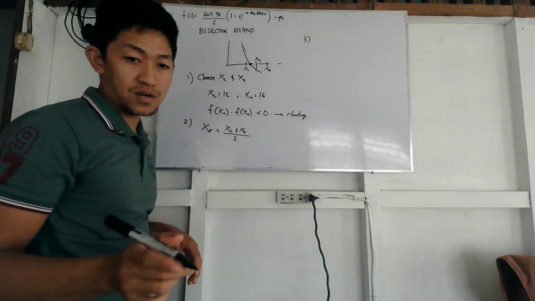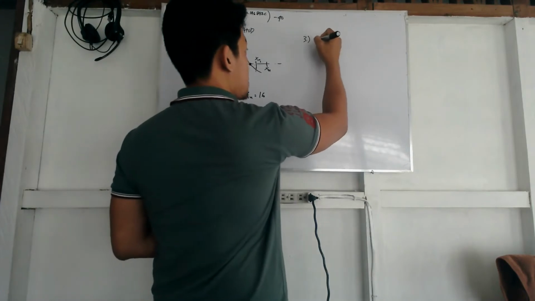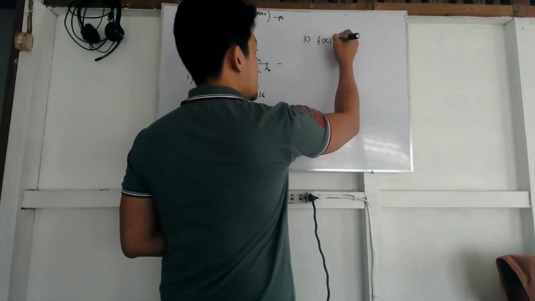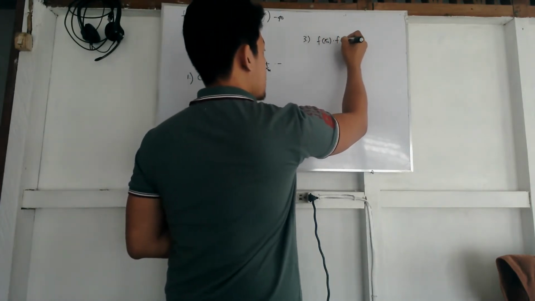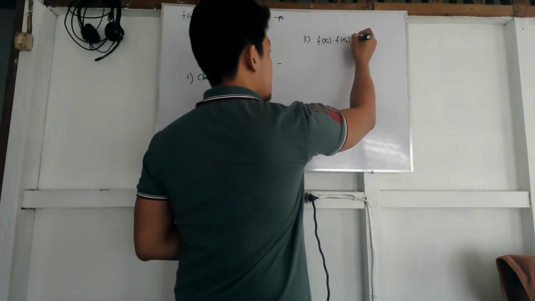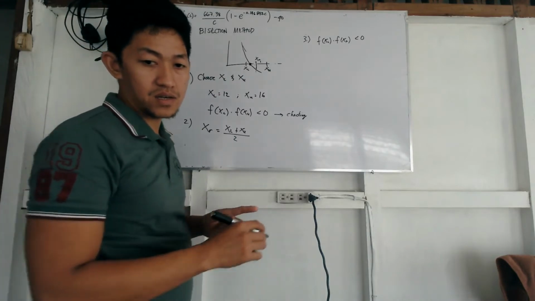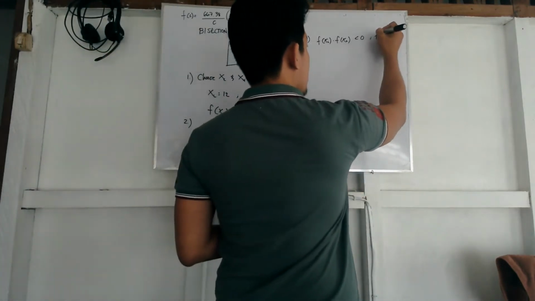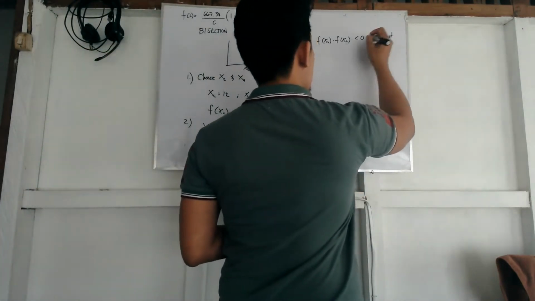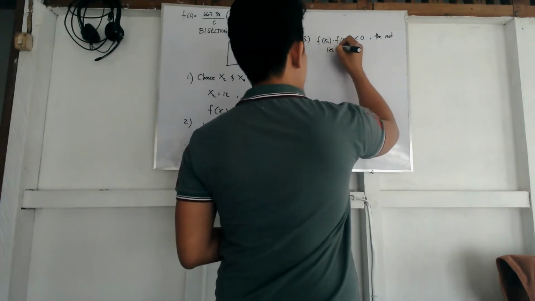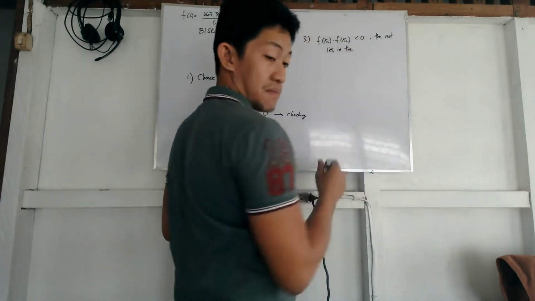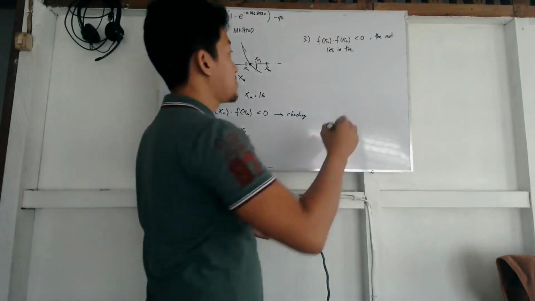So how do you check? Multiply f of XL times f of XR. If the value is less than 0, the root lies in the lower subinterval.